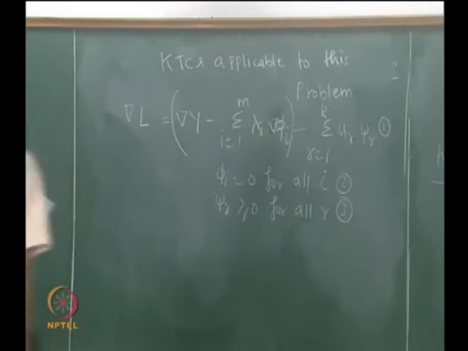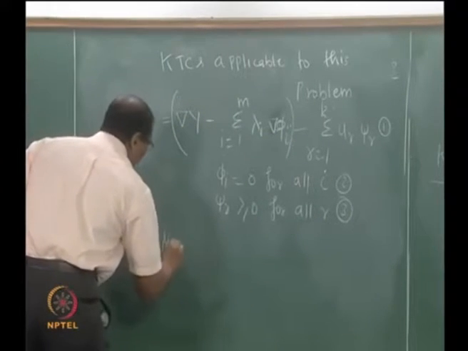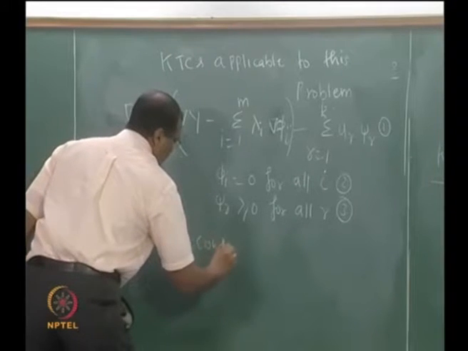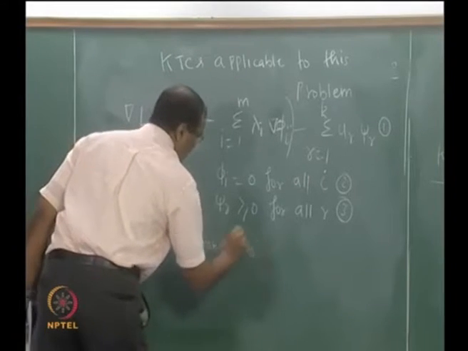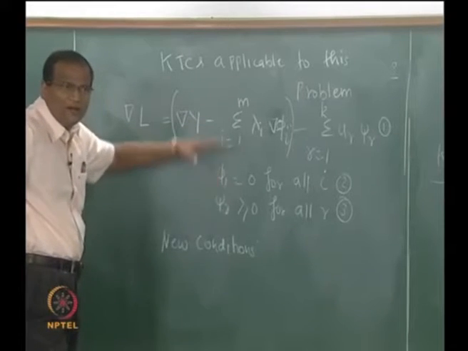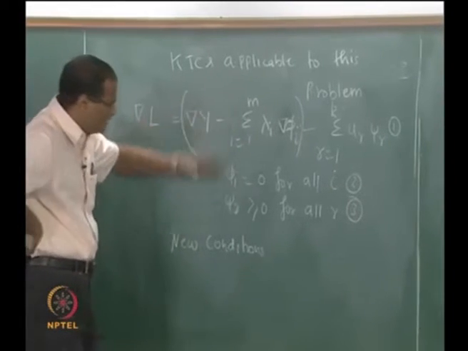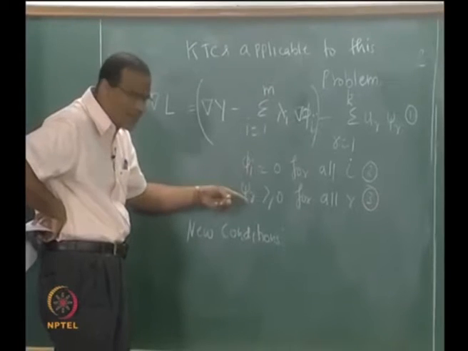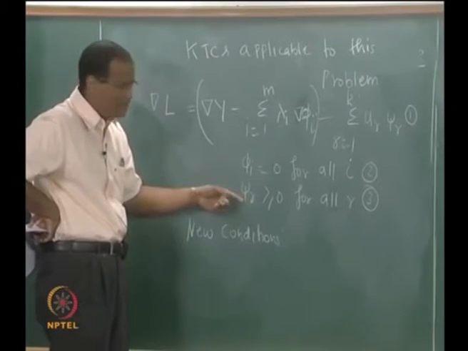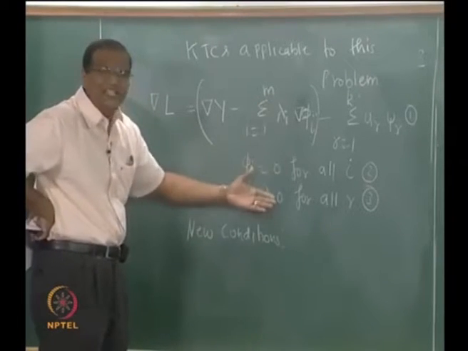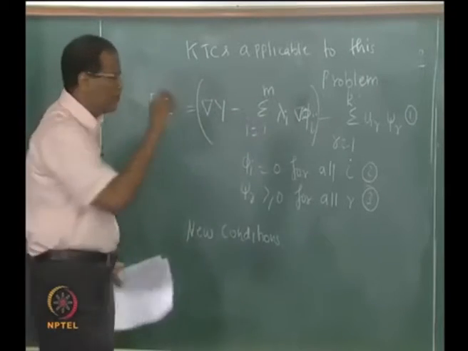Now comes the new conditions, right. Up to this there is no problem, except that we got something extra in terms of psi, which is an inequality constraint, but so far there is nothing which is new to you. Now we will introduce some new things.